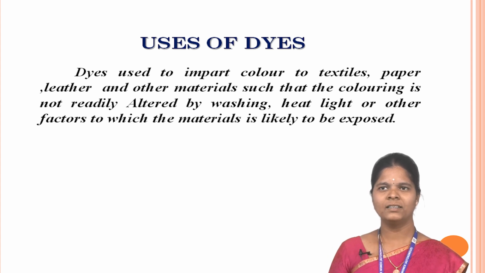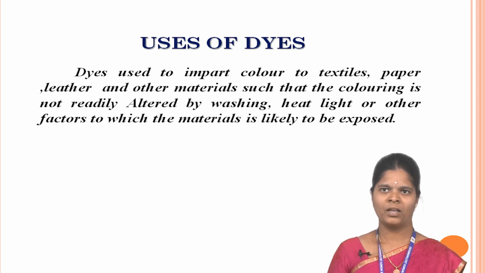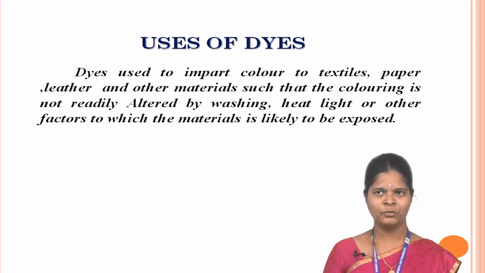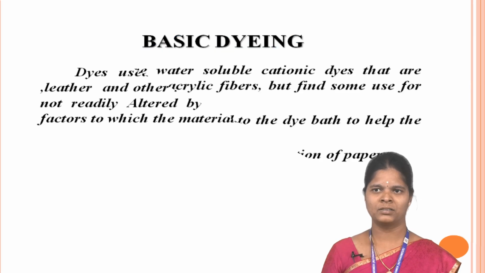Generally a dyeing process involves absorption. The absorption types are transfer of dyes from the aqueous solution onto the fiber surface, and the other type is diffusion, where the dyes diffuse into the fibers.